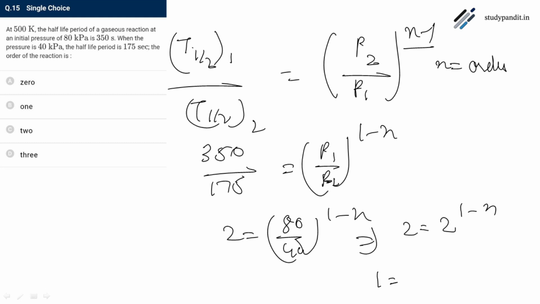Comparing the powers, 1 equals 1 minus n, so n equals 0. So the order of the reaction is 0, that is A. Moving on to the next question.